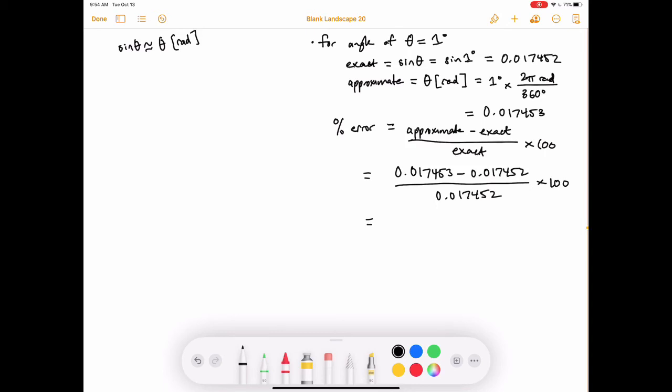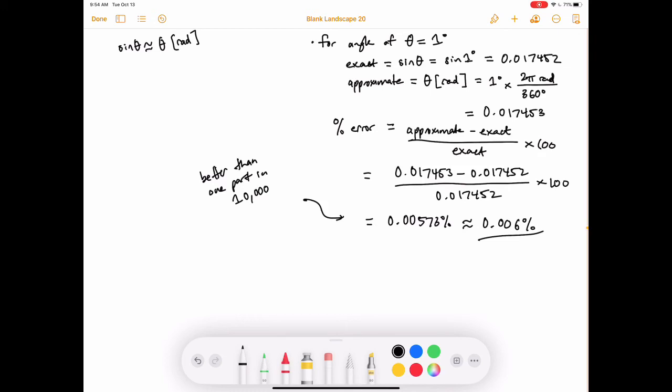Okay, so if you go ahead and calculate that, you'll get 0.00573%, which is about 0.006%. That is an absolutely tiny error. This is a really good approximation when we have an angle of 1 degree. Just to give you a sense, this is better than 1 part in 10,000, okay?